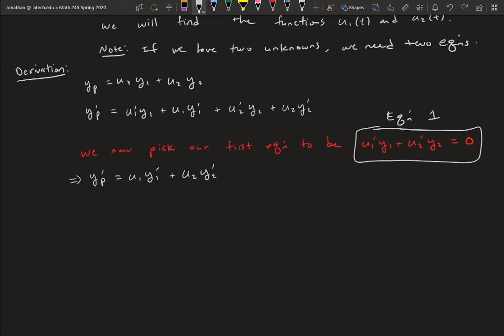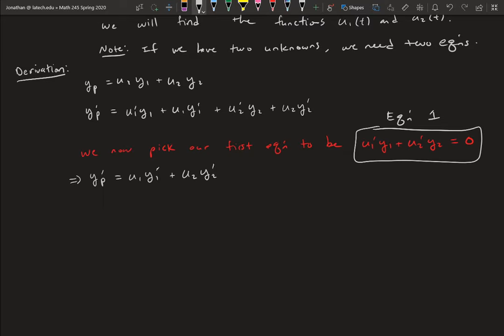That's our first equation. Kind of artificial, but really just to simplify yp prime, because our second derivative would be really nasty if we had to differentiate that. It's eliminating derivatives that we're not going to have any use for, like u1 prime and u2 prime. Those are not going to show up anywhere in a nice way, so we'd like to get rid of them. So that's one equation.